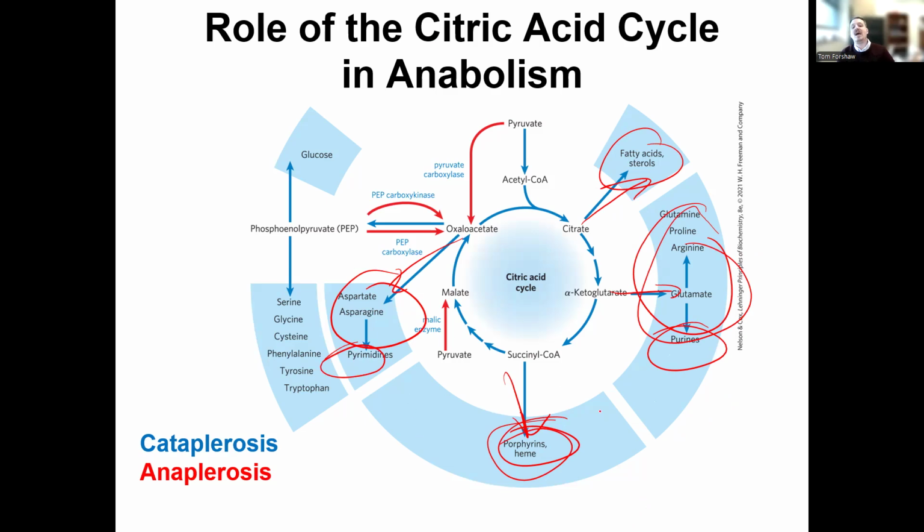So a bunch of times you pull out of the TCA cycle because it's just a collection of handy reactive metabolite carbon chains that can be turned into other things that may be important for biological processes. So we pull out by various cataplerotic reactions, but we can replenish by various anaplerotic reactions.